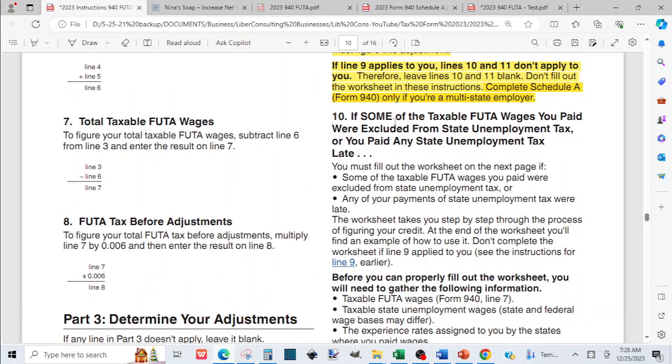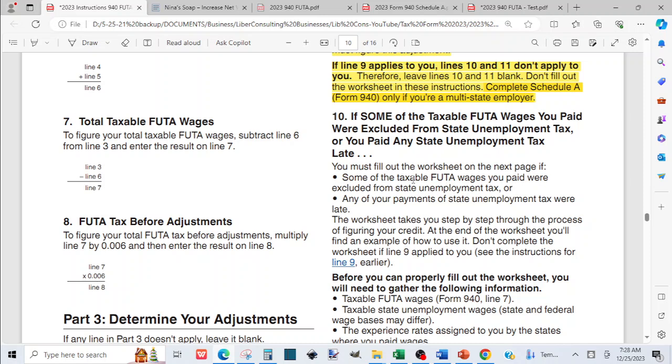Okay, so line 10. If some of your taxable FUTA wages you pay were excluded from state unemployment tax, or any of your payments of state unemployment tax were late, you must fill out the worksheet on the next page.